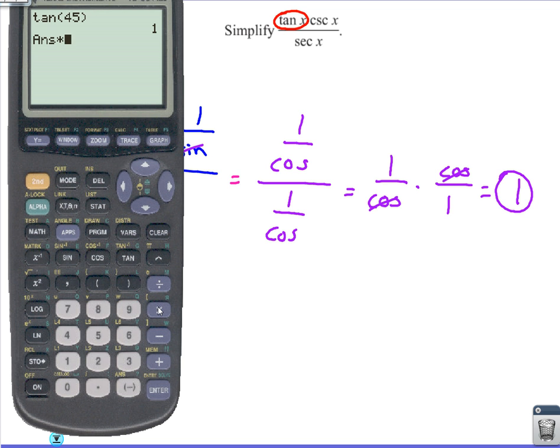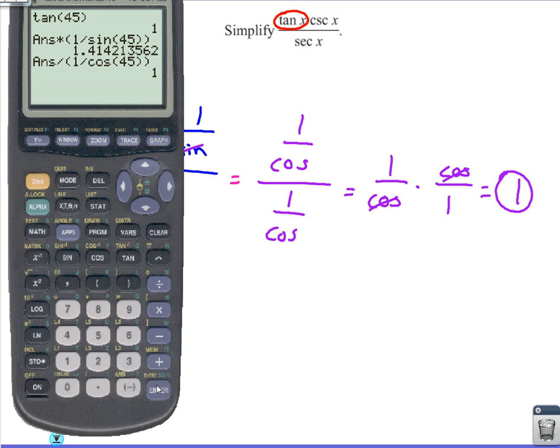To do the cosecant of 45, I'll have to do 1 divided by sine 45. And then that whole thing divided by the secant of 45, which is 1 over the cosine of 45. Because that's the only way you can type in secant and cosecant to your calculator.